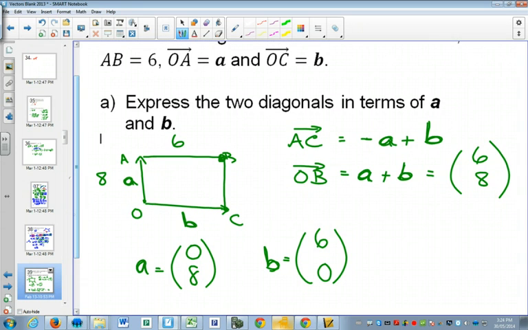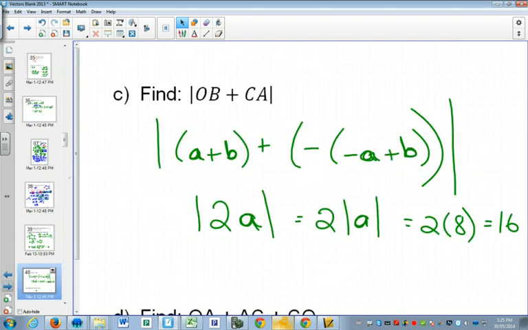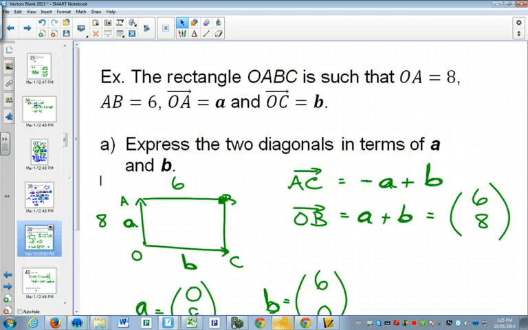Does it make sense that the vector A could be written as 0, 8 and the vector B as 6, 0? I skipped B.